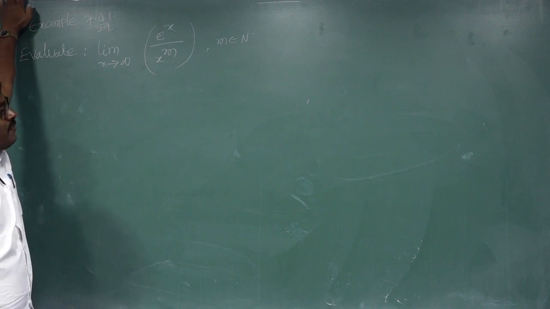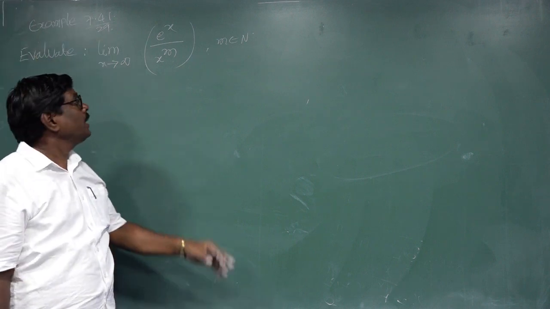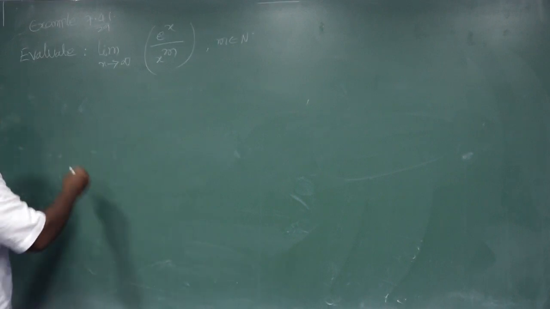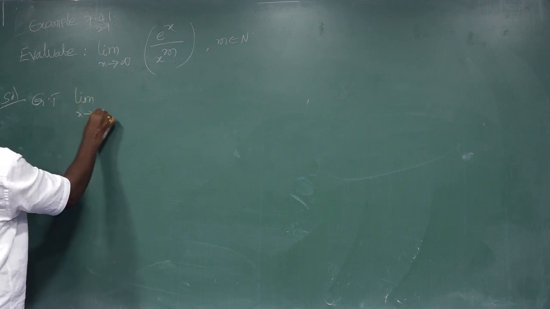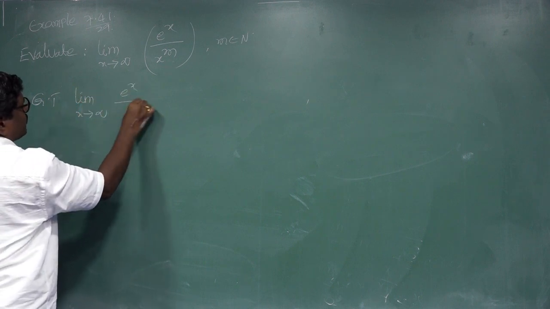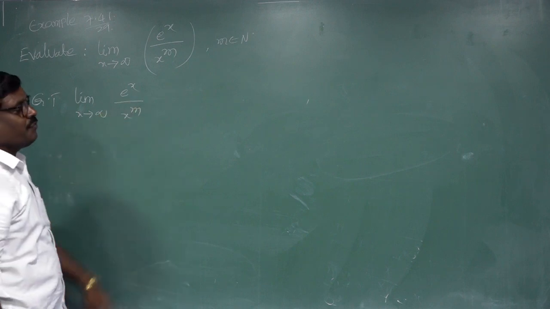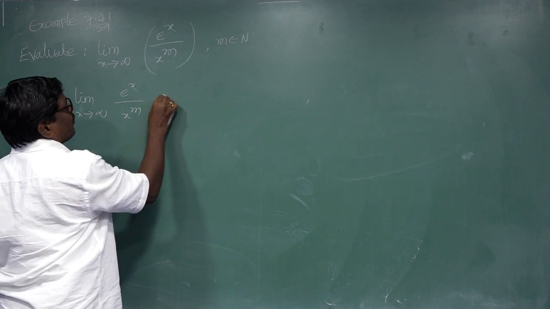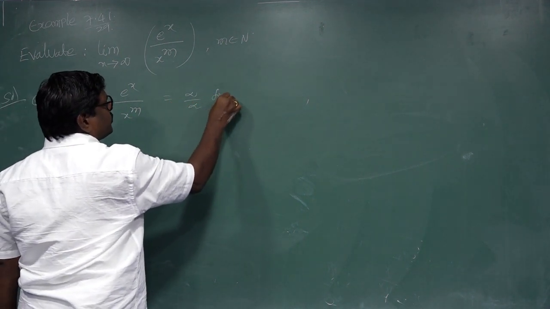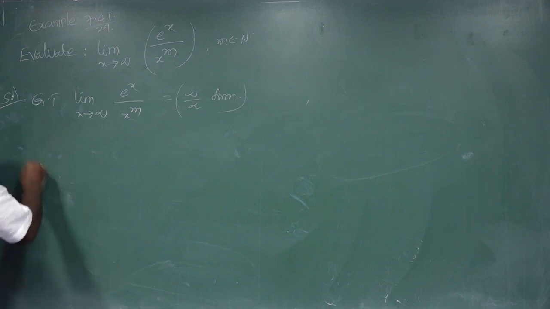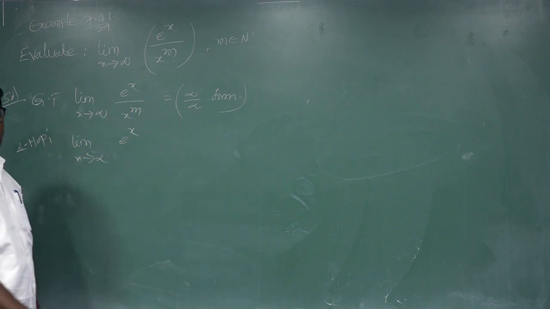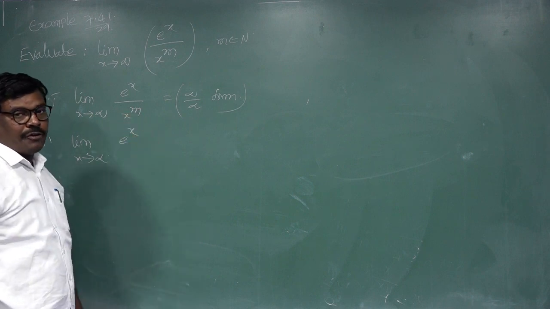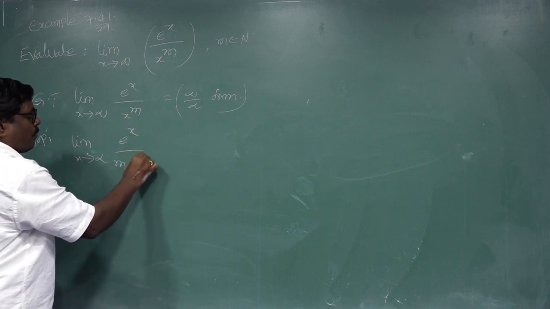Evaluate the limit as x tends to infinity of e power x by x power m. Solution: e power infinity by infinity power m is the infinity by infinity form, so apply the L'Hospital rule. The derivative of e power x is e power x, and the derivative of x power m is m into x power m minus 1.